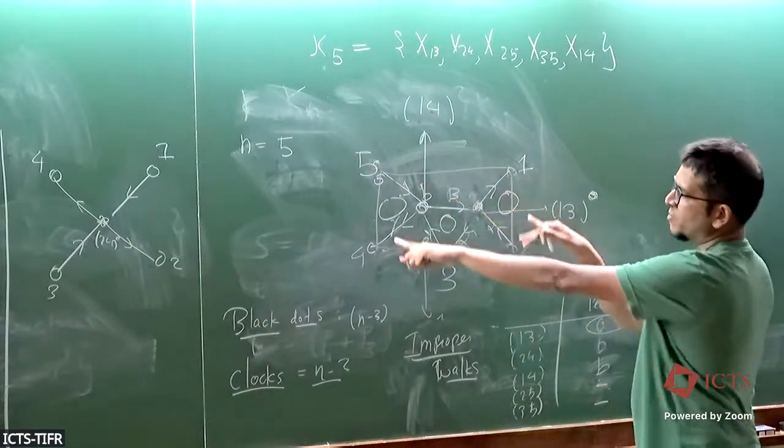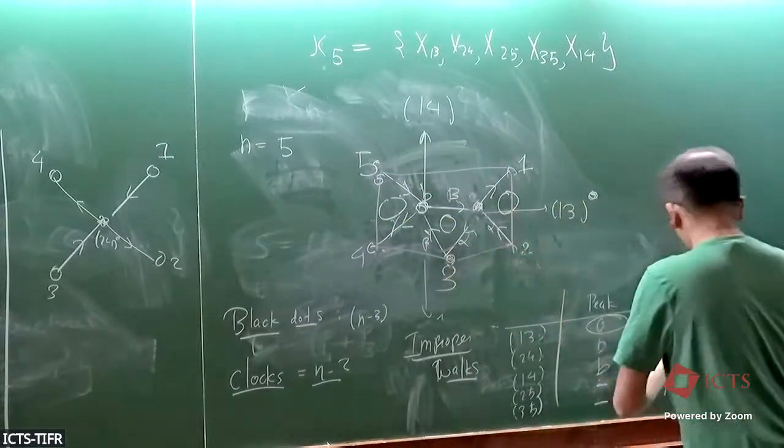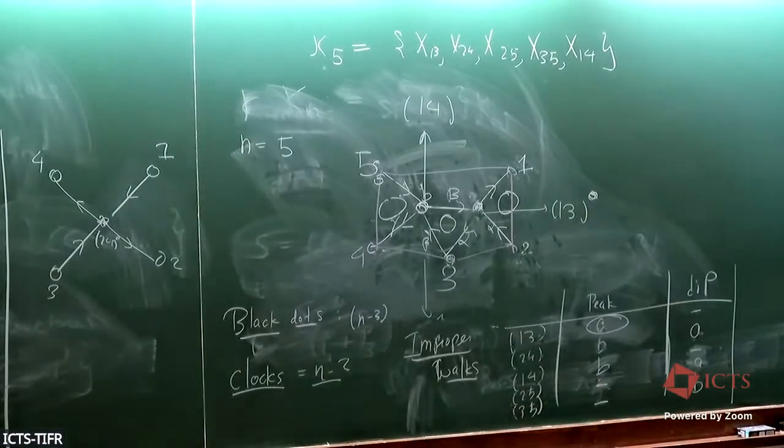Okay, just think of this pentagon. Now let me draw this pentagon again here on the side with what we have there. The quiver I have drawn is precisely this.